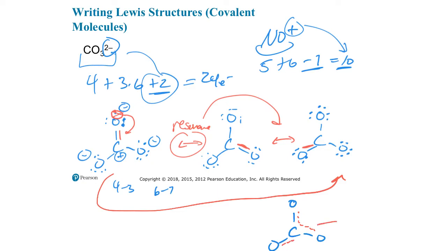So we have a total of 4 bonding pairs of electrons being spread across the 3 bonds. So we have 1, 2, 3, 4 pairs of electrons being spread across the 1, 2, 3 covalent bonds.